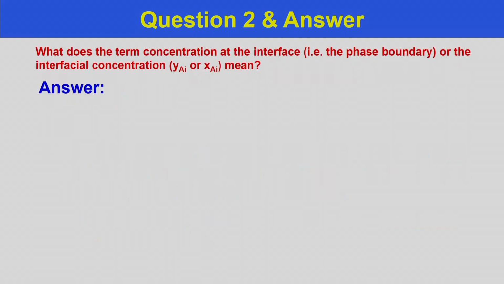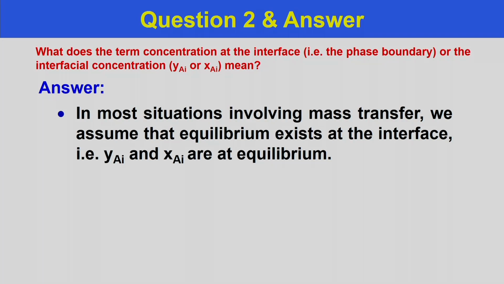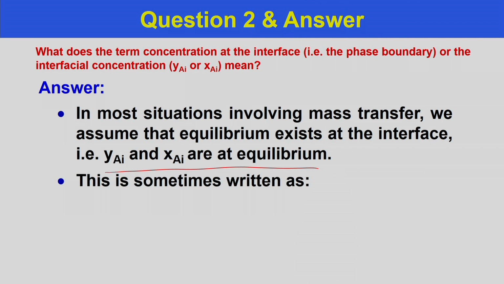And how to relate the interfacial concentration? In most situations involving mass transfer, we assume that equilibrium exists at the interface. That means Y_AI and X_AI are in equilibrium. So, this essentially means that there is no resistance to mass transfer at the gas-liquid interface.